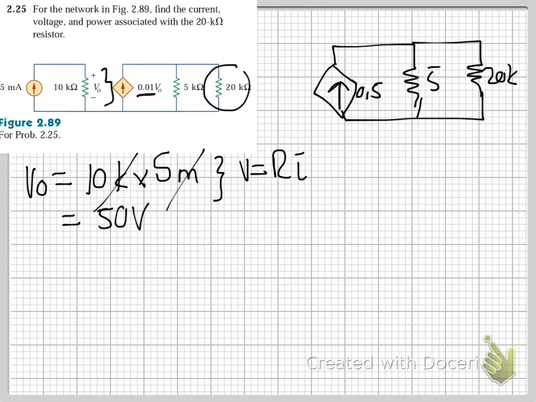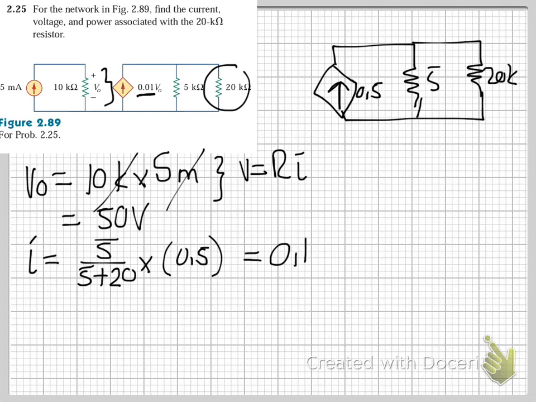So first of all, your current I is equal to 5 over 5 plus 20 multiplied by our 0.5. So 5 over 25 multiplied by 0.5. That is equal to 0.1 amps or 100 milliamps.